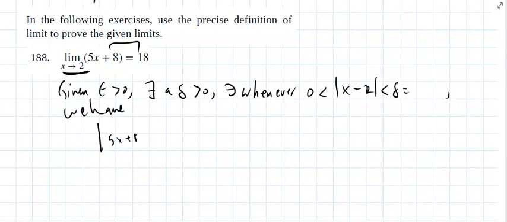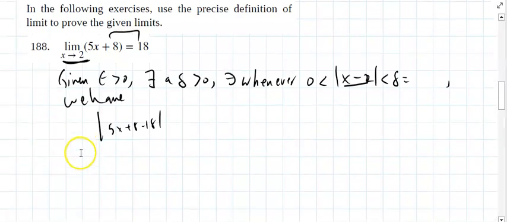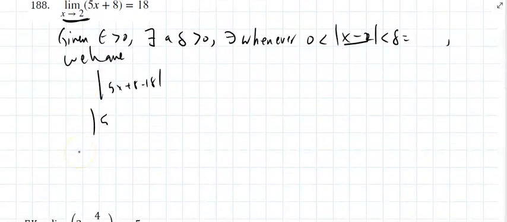Now this is the deal. You need to get an x minus 2 out of that. That is 5x minus 10.